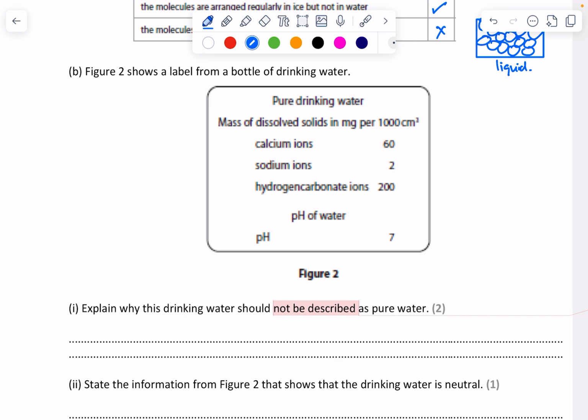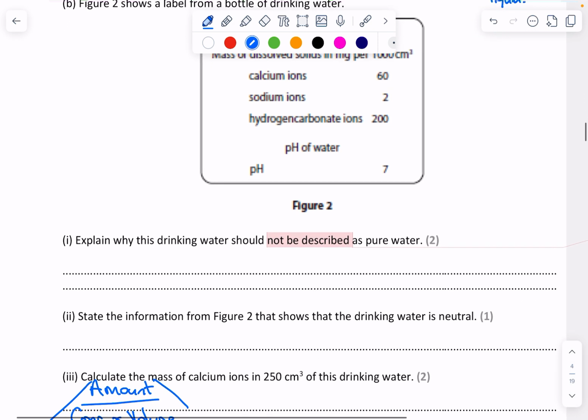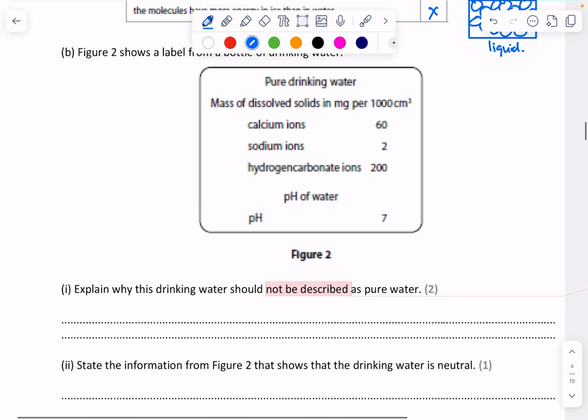Okay, next one. Explain why this water should not be described as pure. What we've got here, you can see on the label, is drinking water, but it contains lots and lots of different ions inside it.